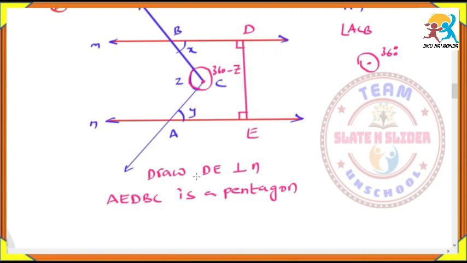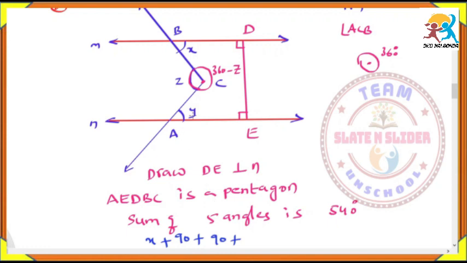So AEDBC is a pentagon. In this, the sum of the 5 angles is 540 degrees. So by solving we can get the relation. The sum of the 5 angles: x plus 90 plus 90 plus y plus the fifth angle, 360 minus z, is equal to 540.